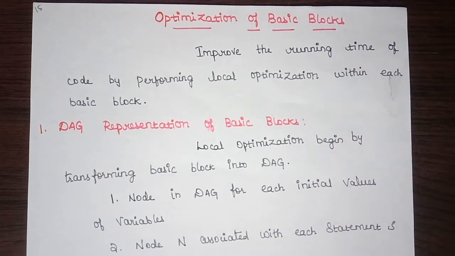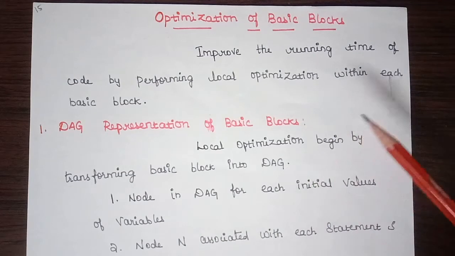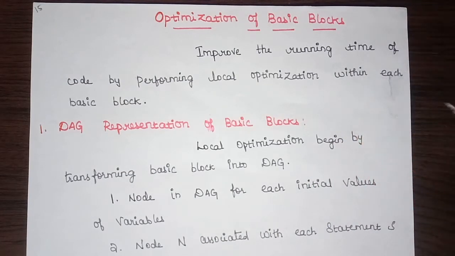The most important technique for local optimization begins by transforming the basic block into a DAG. A DAG is a directed acyclic graph, and with its help we can do the local optimization. This is a representation for a single expression, which we have seen previously.